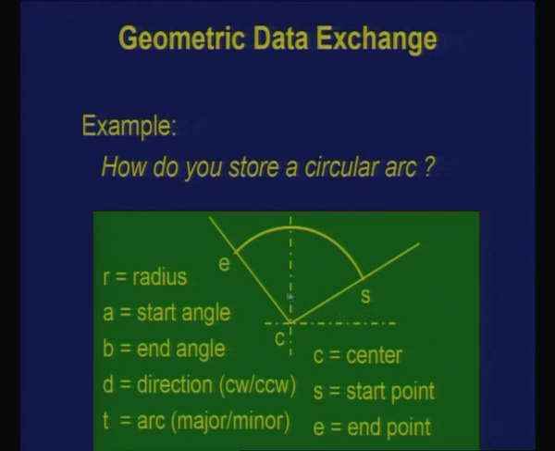Then the angle subtended by the end point is the end angle. Direction, whether the arc is clockwise or counterclockwise, is important, or whether the arc is a major arc or a minor arc, because with the same starting point, same end point and same center, another arc is possible, which is a major arc. Then the center point of this arc, start point and end point.